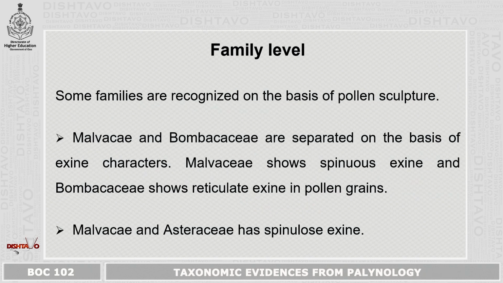There are some families also, students, which are recognized on the basis of pollen sculpture. Malvaceae and Bombacaceae are separated on the basis of exine characters, wherein Malvaceae shows spinous exine, whereas Bombacaceae shows reticulate exine in pollen grain. In addition, Malvaceae and Asteraceae have both spinulose exine.